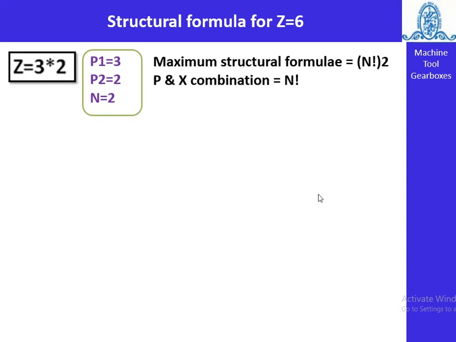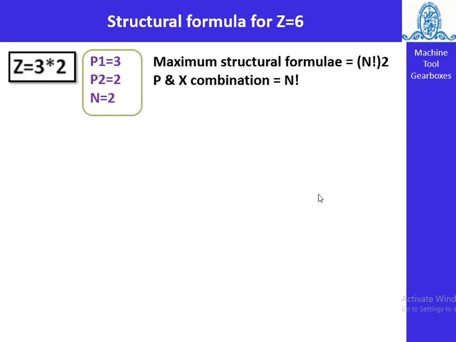So we got the values of P1 and P2. Here P1 is 3, P2 is 2, and we got the multiplication in two factors. So we got n equal to 2. Capital N is nothing but the stages involved in the gearbox, that is 2. So what is the maximum number of structural formulas? It is n factorial squared, that will be the maximum number of structural formulas, or combinations we can create.